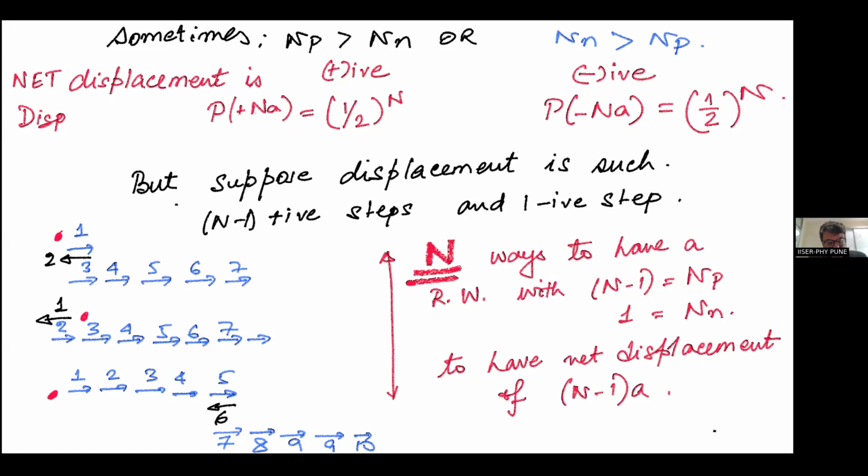So that's another random walk. Or suppose he takes 5 steps in the positive direction, the 6th step is in the negative direction, and thereafter all of them are in the positive direction. So these are all different kinds of random walks where NP is n minus 1.